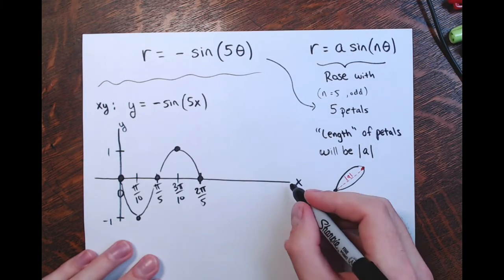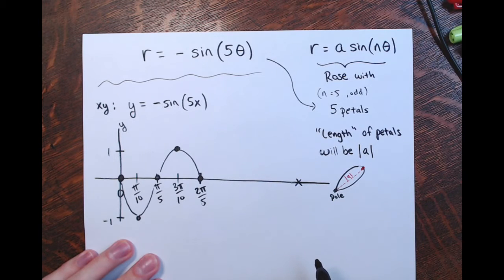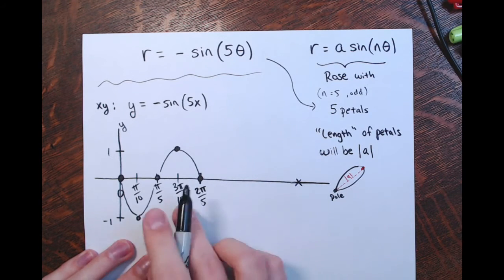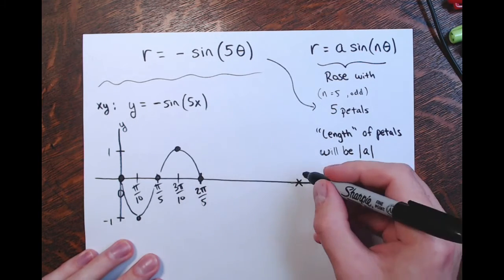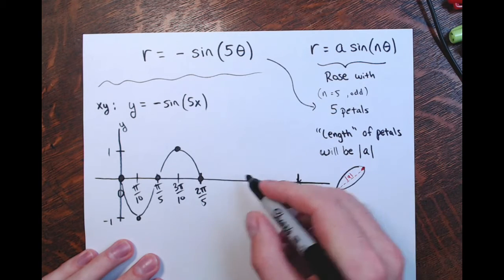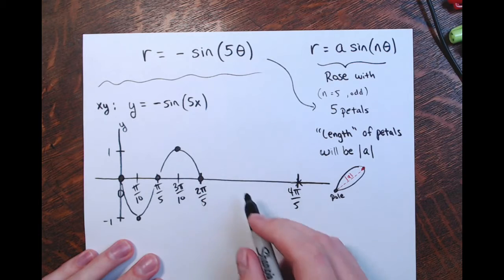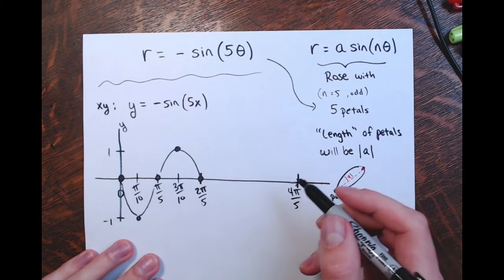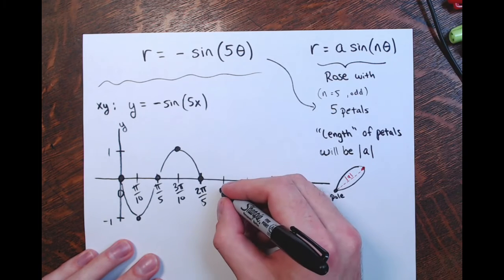Now, if I want to go all the way around my polar grid, I need to do this till I get to 2 pi. So this picture is going to repeat when I get to 2 pi over 5, and when I get to 4 pi over 5, this picture is going to repeat, right? And I break this period up into quarters.